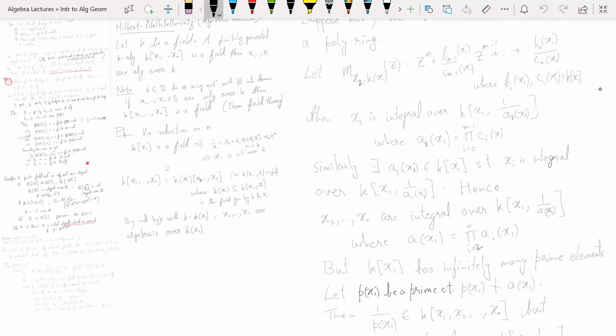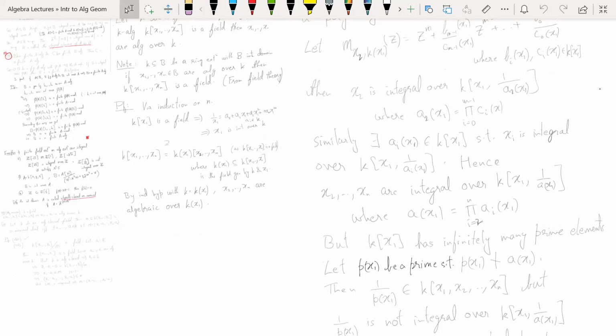So this has infinitely many prime elements, even a polynomial ring over a finite field. You can use the usual trick: suppose there are only finitely many primes, take the product of them and add 1. That must have a prime factor different from the list you have taken. So there are many ways of doing this.